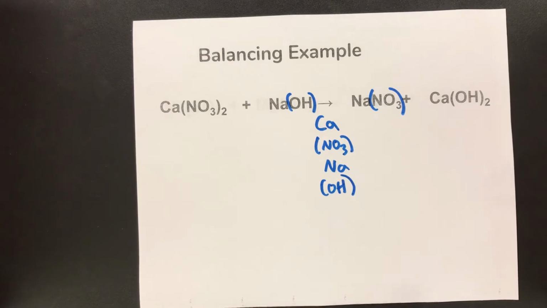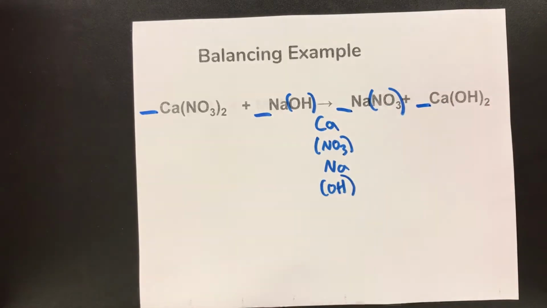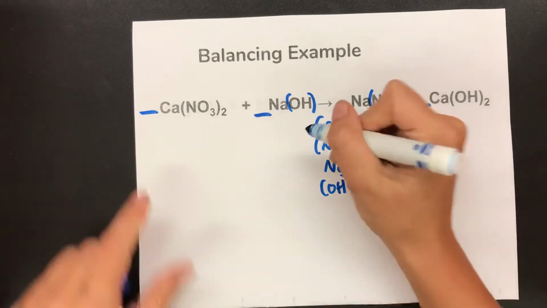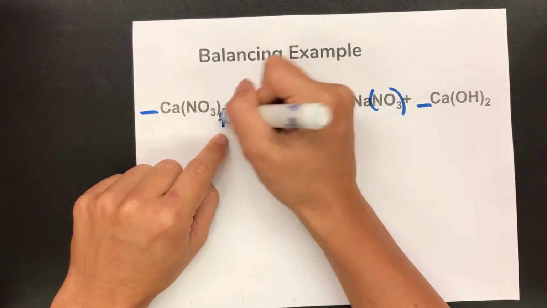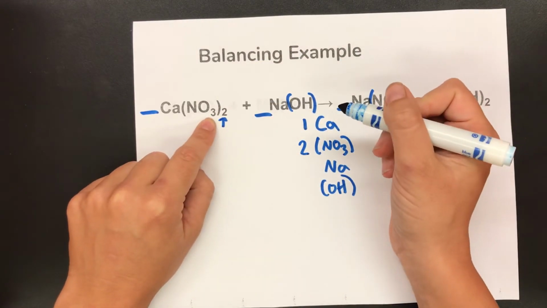Now we're going to count the atoms on both sides. Remember, you can only put coefficients directly in front. Then we're going to count. So calcium on the left, 1. NO3, now this is where you're going to look outside the parentheses. So for NO3, it's going to be 2. Don't look inside the parentheses. Those are off limits.